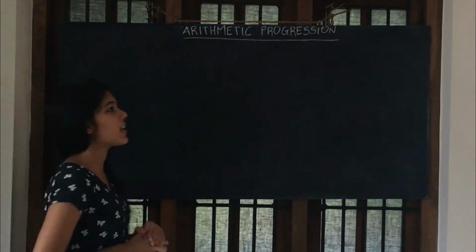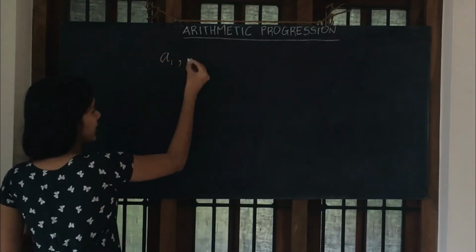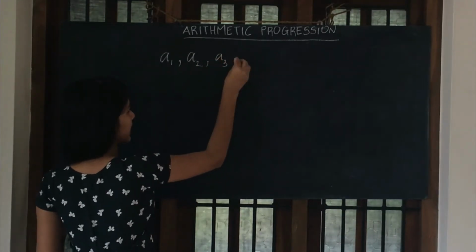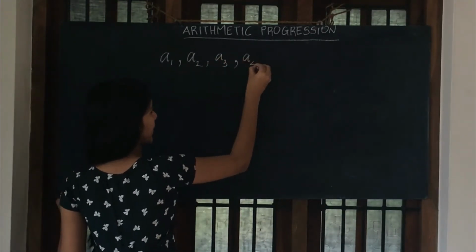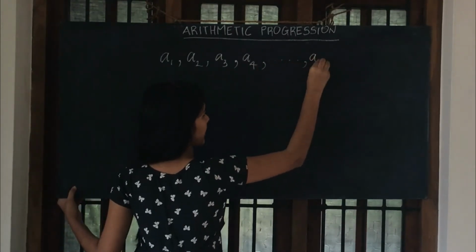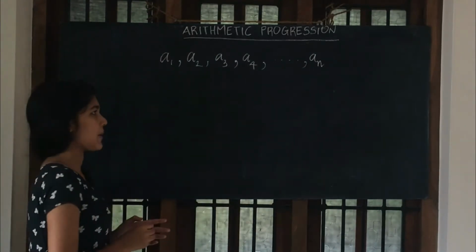Now, let's consider an AP with first term a1, second term a2, third term a3, fourth term a4, till an, where an is considered as the nth term of this AP.